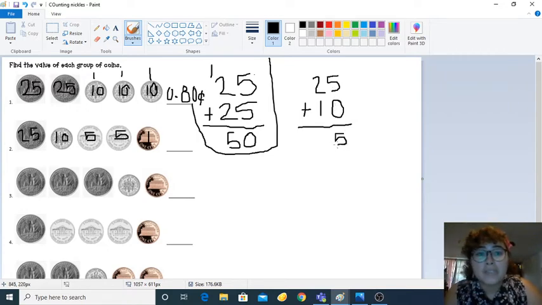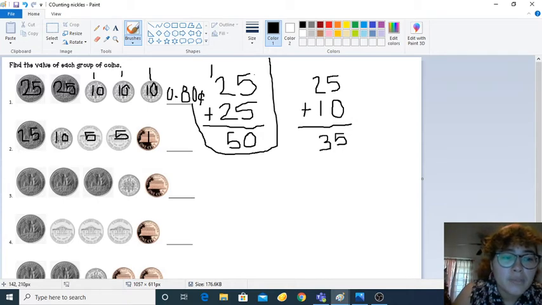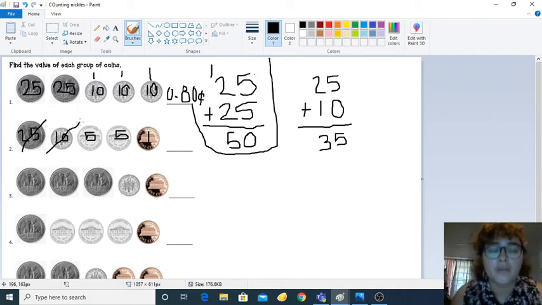It's not more than 10, so there's nothing to bring up this time. And then 2 plus 1 is 3. And that gives you 35. So we already used these 2 coins. You can cross them out if that's easier for you to follow.